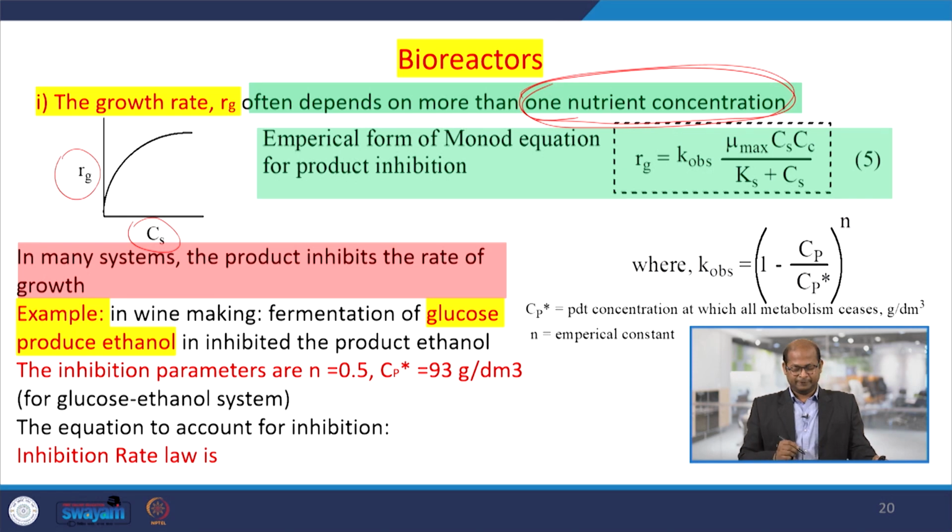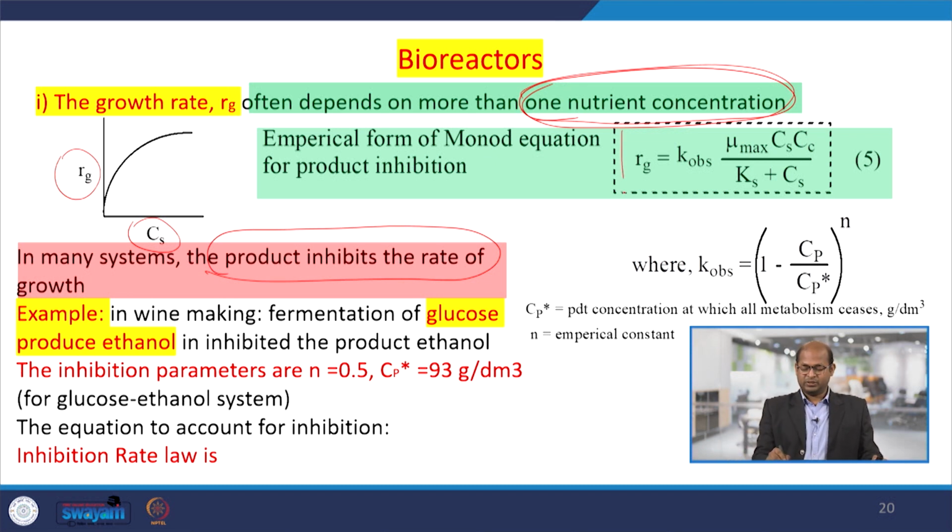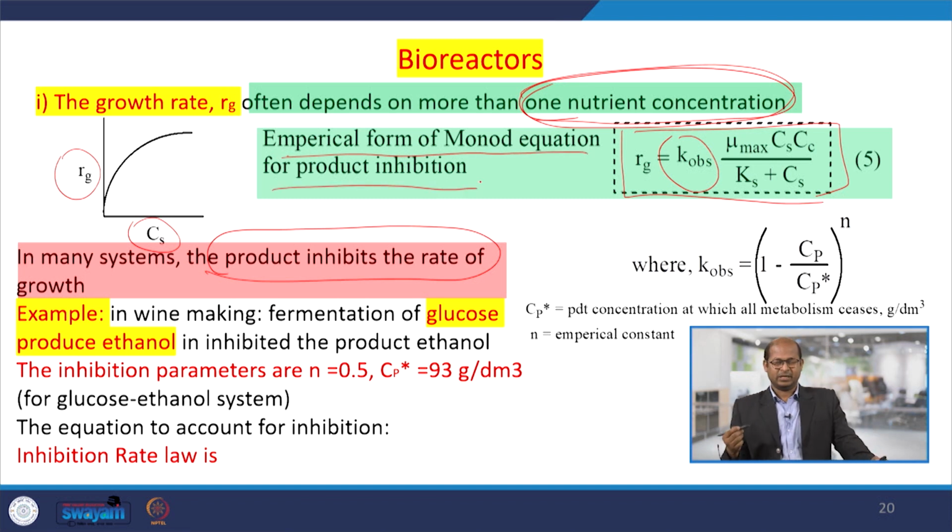Then for many systems it has been observed that the product formed during the reactions, in the stationary phase, usually inhibits the growth of the cells. Therefore, we can write these equations in this way: the empirical form of the Monod equation for product inhibition.